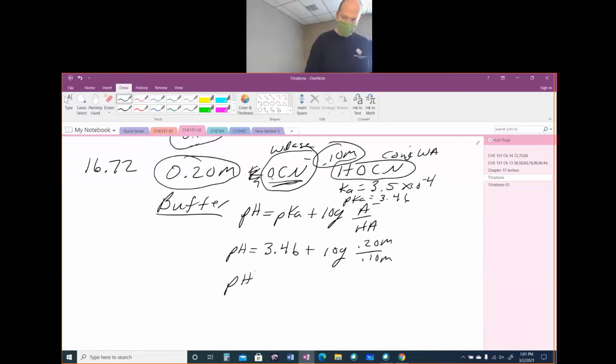All right, so you have your 3.46 plus the log of 0.2 divided by 0.1, and you get a pH. Since we have a higher concentration of our base, 0.2, than our acid, 0.1, it is going to have a pH higher than 3.46, and it is a 3.76.